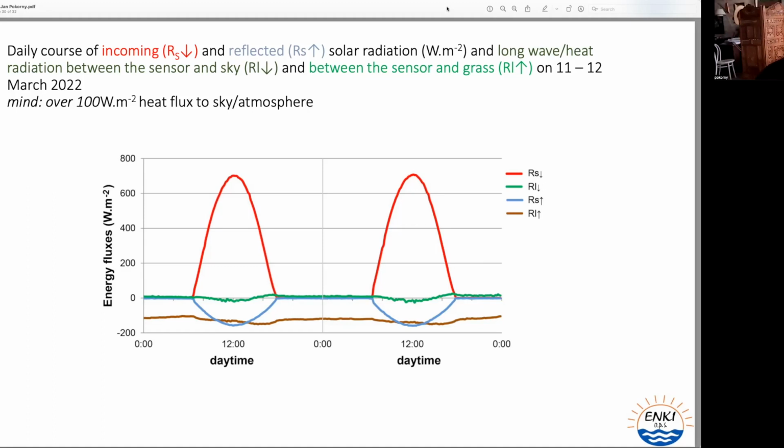It's a March, and you see the blue one, which is the reflected solar radiation, and I show it in order that we realize what happens when there is a clear sky. It is the brown one. It's a flux of heat from ground to atmosphere, up to over 150 watt per square meter.